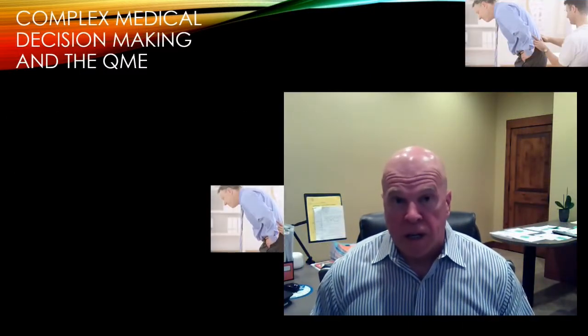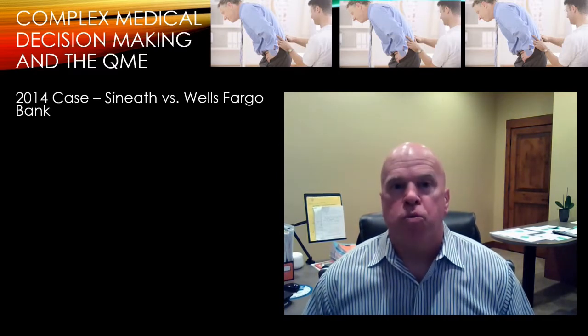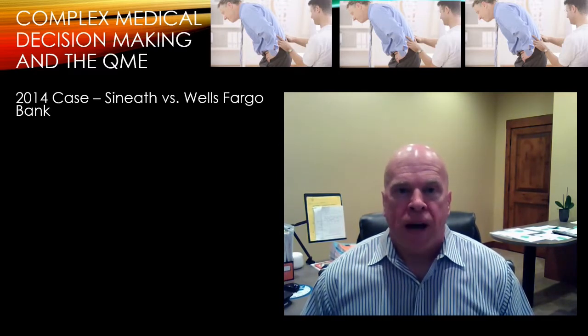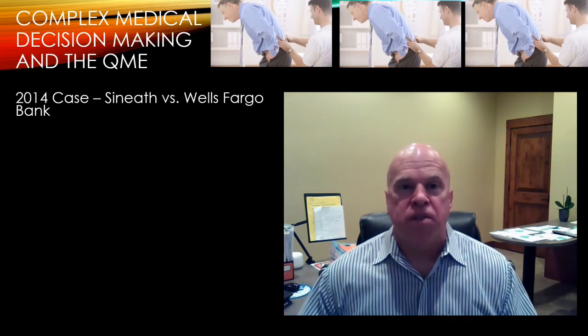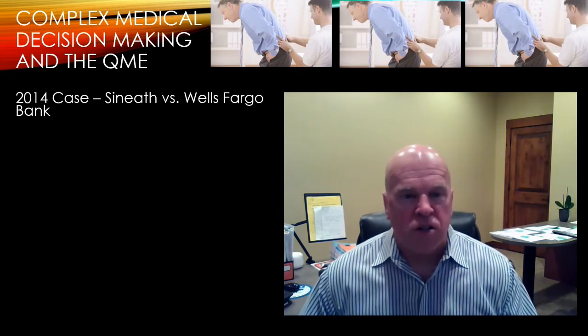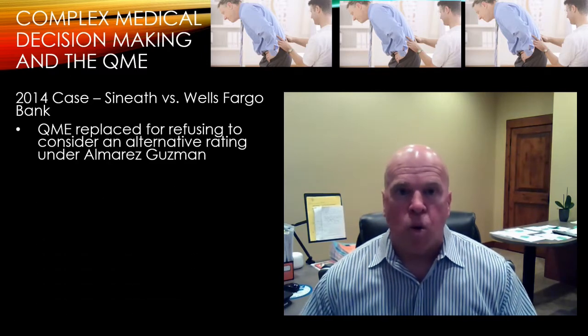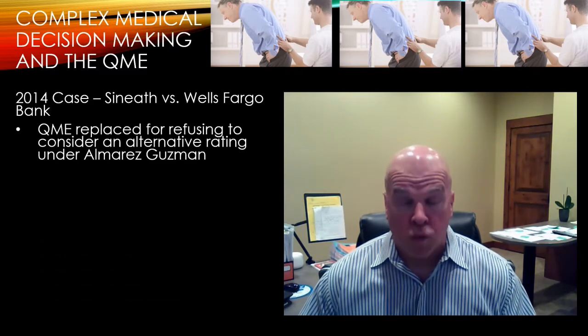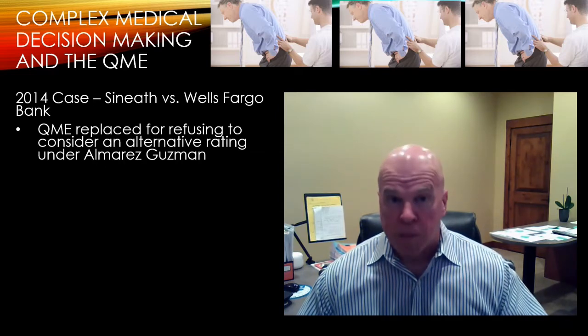And a case that illustrates this principle perfectly, the principle that you as the qualified medical evaluator are charged with the responsibility of providing the permanent impairment rating that's the most accurate assessment of the examinee's true condition, is the 2014 case Sainith versus Wells Fargo Bank, wherein the qualified medical evaluator was replaced through the issuance of a replacement panel.